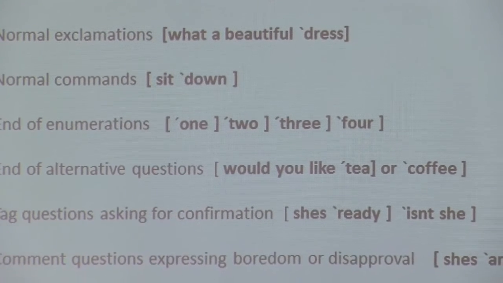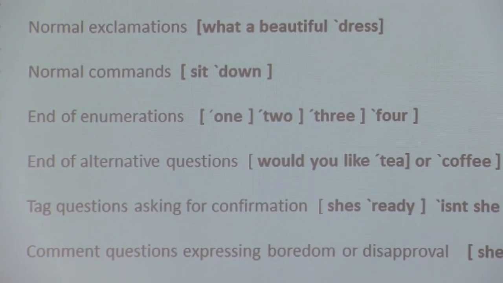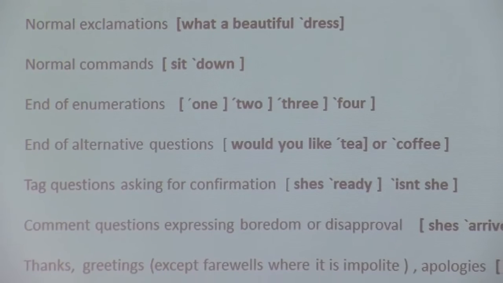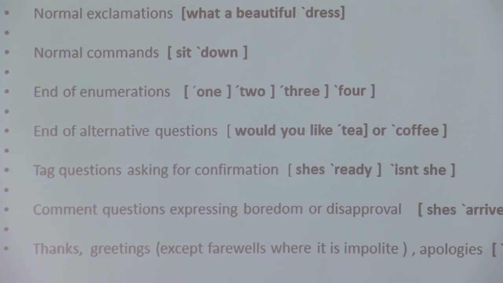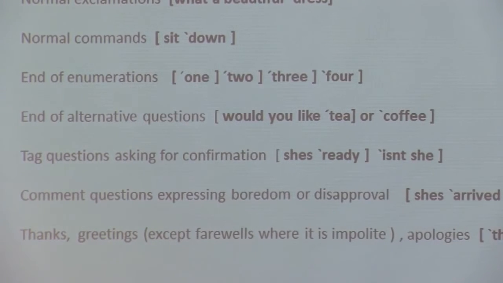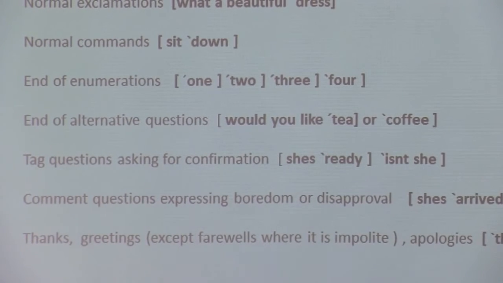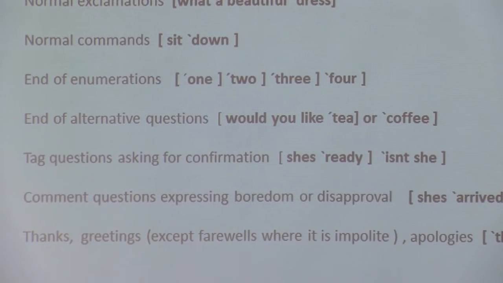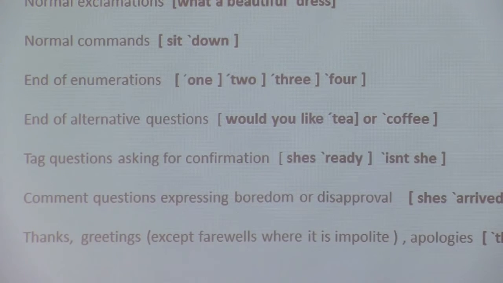We use falling tones in these kind of questions. Would you like tea or coffee? Tea or coffee? We go up and then we go down. Then we have something called a tag question. There are two types of tag question, and the first type is not really a question.